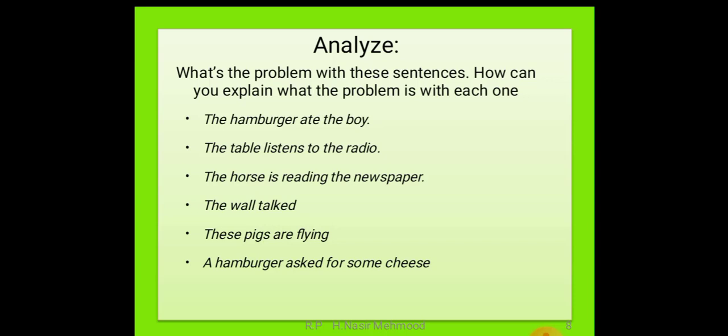So this is a semantically odd sentence. The wall talked, as earlier I gave you this example. Hamburger asked for some cheese. This is not the quality of hamburger. Any animate person can ask for something. Hamburger is inanimate, a non-living being, so it cannot have this quality.